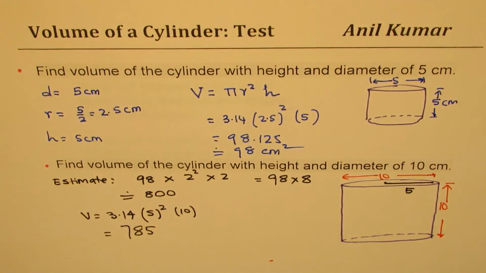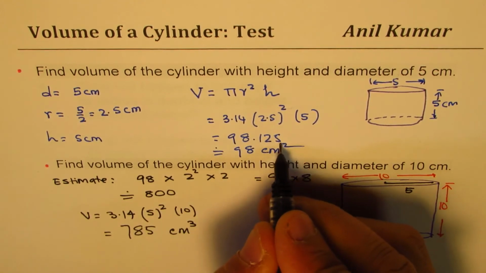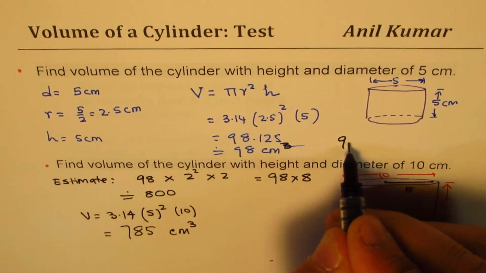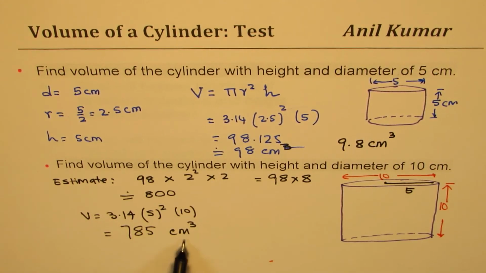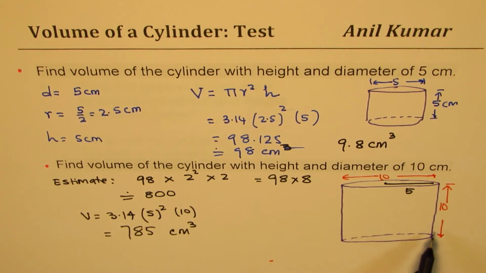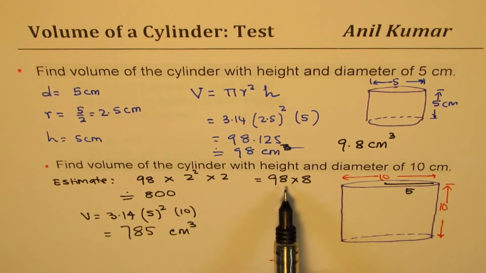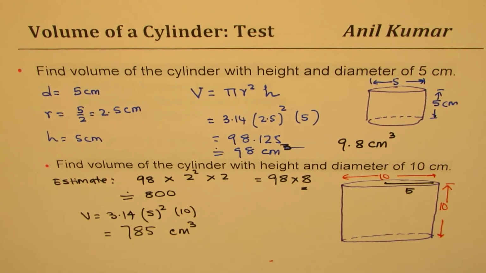Correct? The volume is always cubic, centimeter cube. I wrote square here, which is wrong. So I wrote 98 centimeter cube. Okay? So that is what you get. When you double the diameter and the height, both of them, the volume becomes 8 times. 8 times, right? So that's very important to understand.